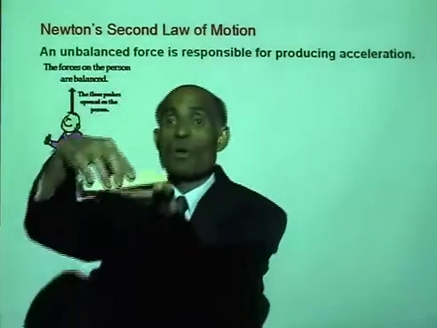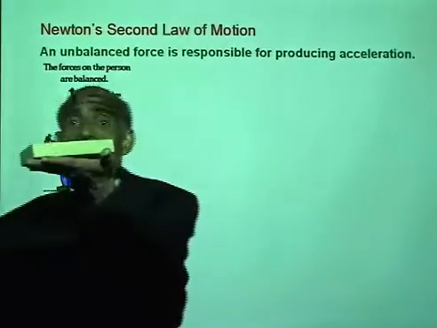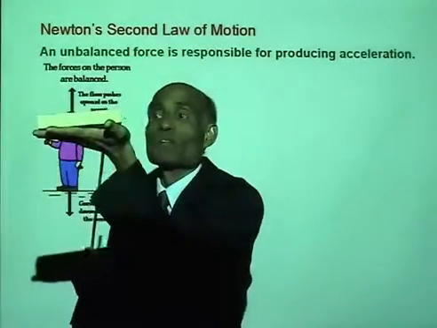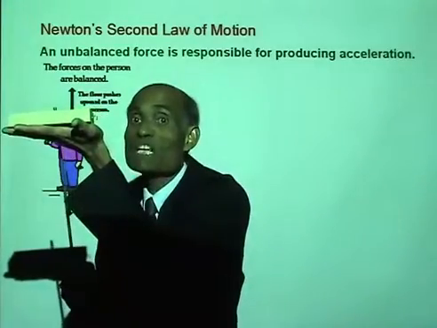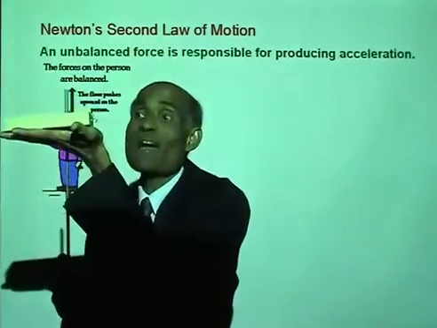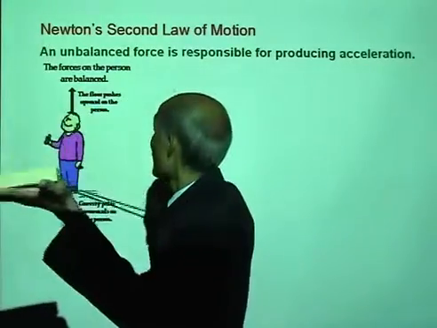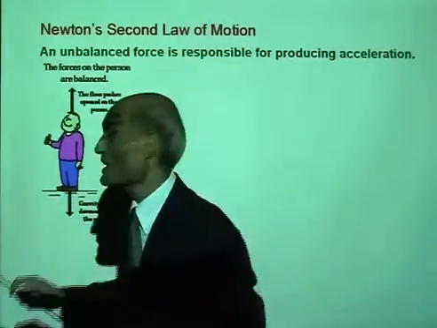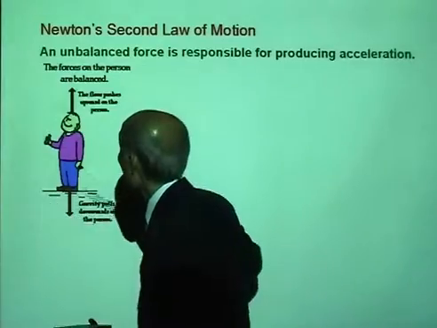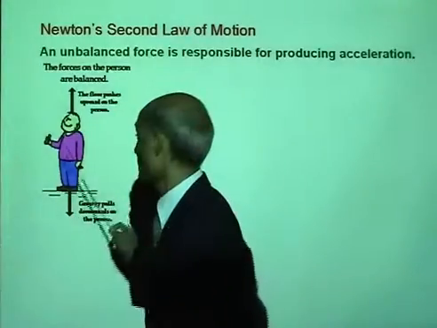You see, when I'm holding this block in my hand, the gravity is pulling it down and my hand is supporting it. That means I am applying a force upward, and these two forces balance each other. We say there is no unbalanced force.